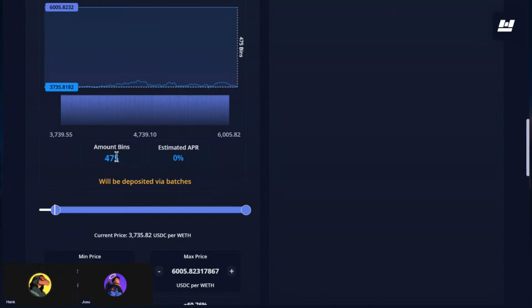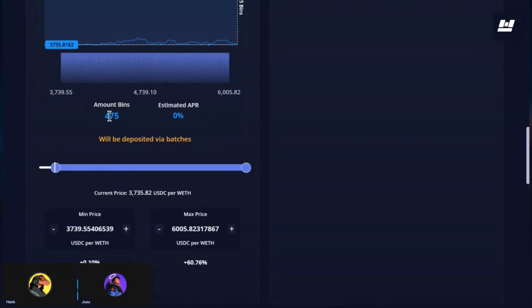This is more than you can normally do in one transaction, because each bin is its own NFT position. So allocating this at once, the blockchain runs into certain limitations and thresholds.